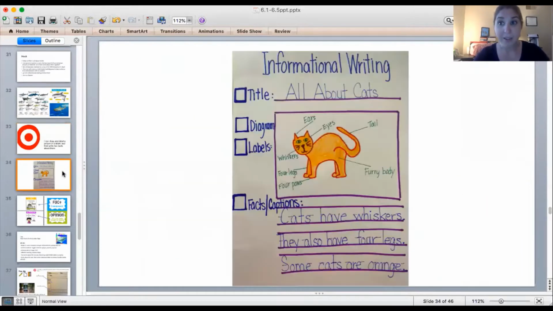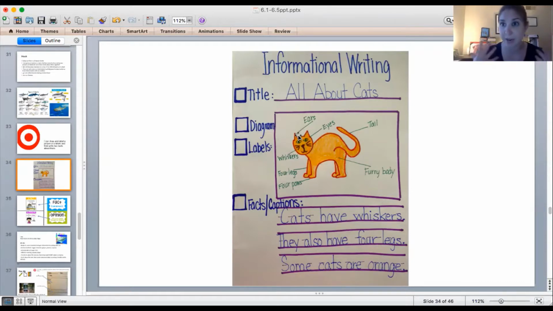Now remember, on informational writing pieces, we always include our title. Another name for title is it's what your writing is about. So our title today will have to do with sharks. Our informational writing pieces always have a diagram or a picture of whatever the topic is. Our informational writing piece will also have labels. So we label the diagram to say what the different parts are.